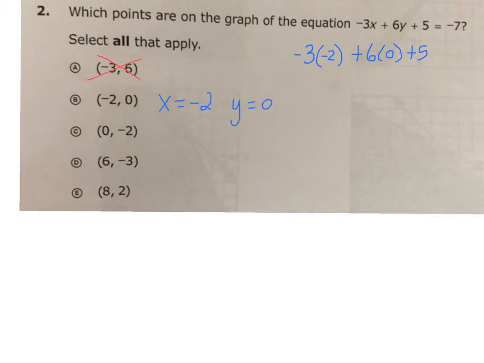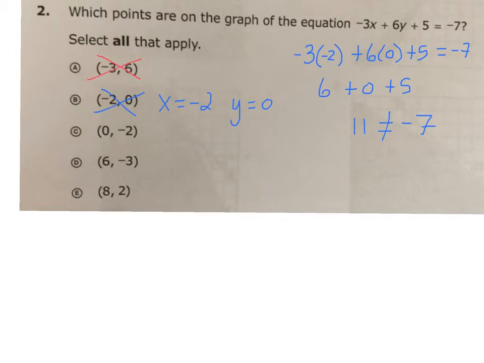And when I add all that up, it must equal negative 7, right? Well, this is 6 plus 0 plus 5. That's 11. Has to equal negative 7. Well, it doesn't, does it? And so I know B is incorrect. B is not on the line.